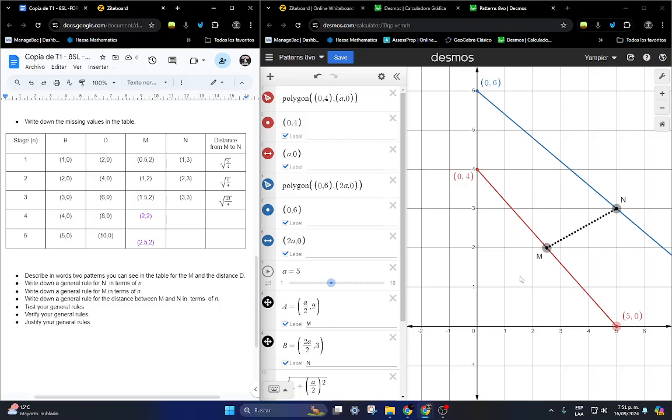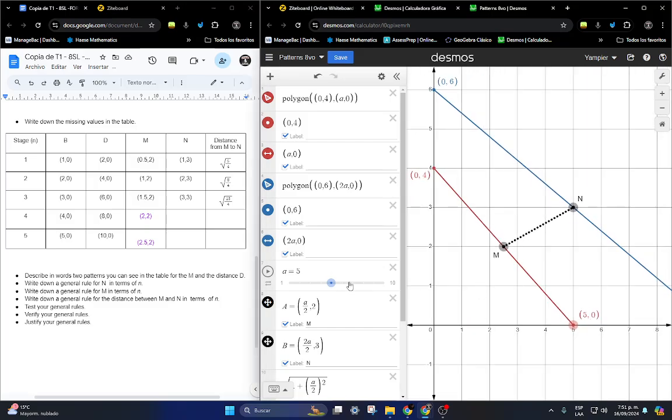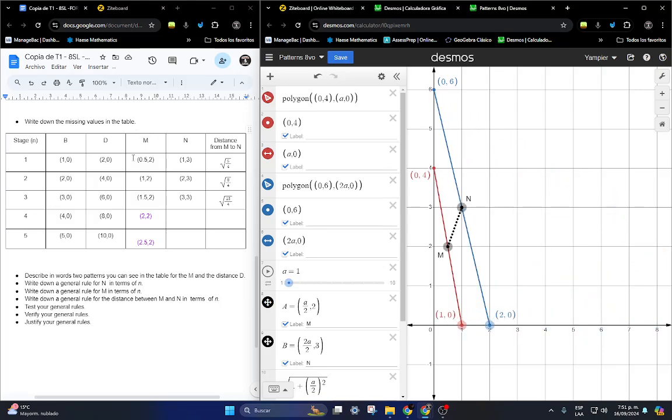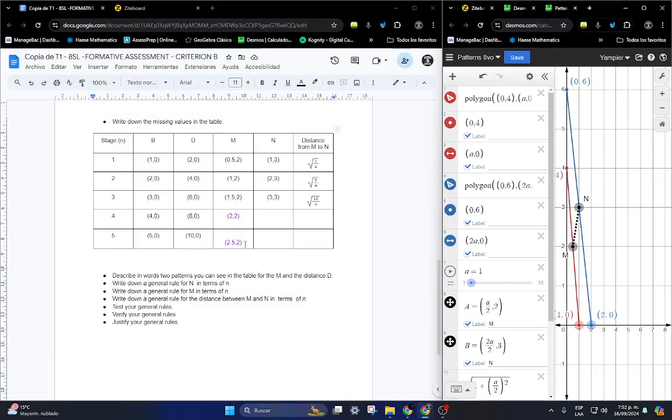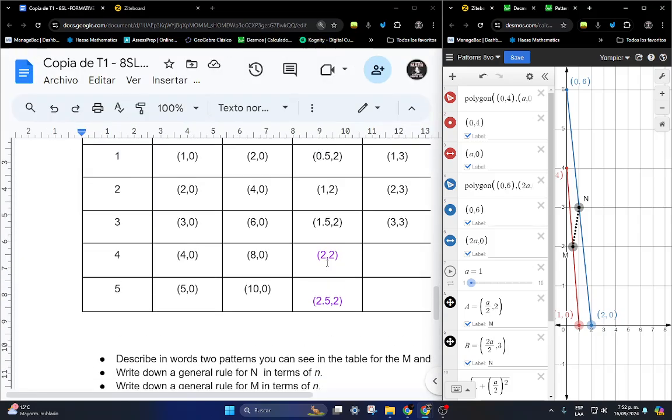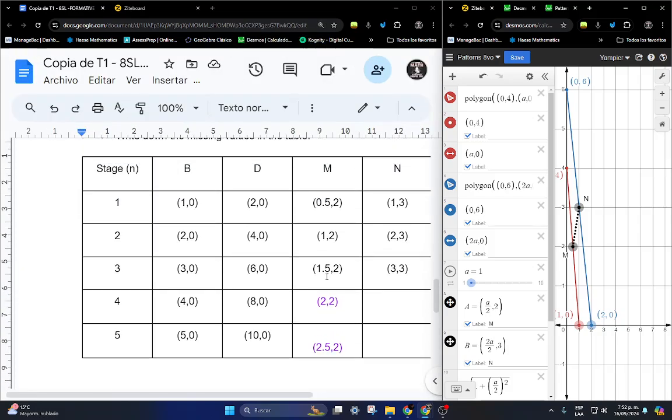But you don't need to move this slider along and see each individual stage, because you can recognize that here is a linear pattern. The only difference with what you have done usually before is that the pattern is inside a coordinate.